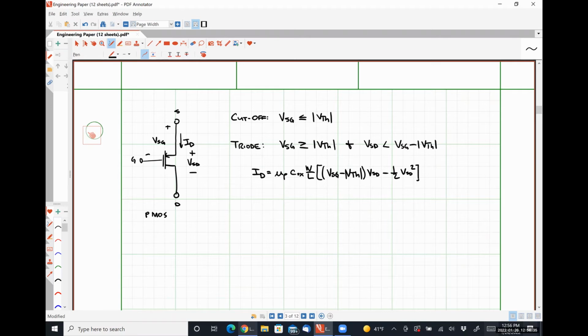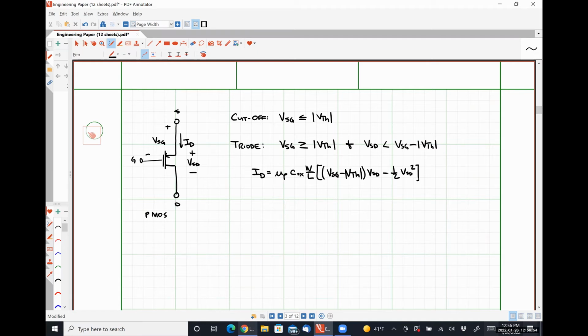And then we're using hole mobility because that's the charge carrier that's actually being transferred from the source to the drain. So it's really the exact same equation under the exact same set of constraints. Just flip the subscripts and use a positive value for VTH.